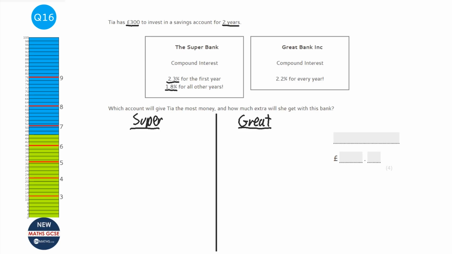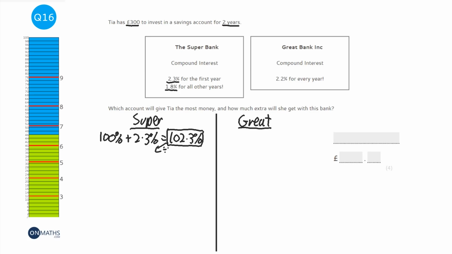Since this is the calculator paper, we use the multiplier method. So we start off with 100% always, and compound interest means we're gaining money, so we're going to go up by 2.3%, so that means we'll have 102.3%. So as a multiplier, what we do is we just divide that percentage by 100 to get it as a decimal into what we call a multiplier, 1.023.